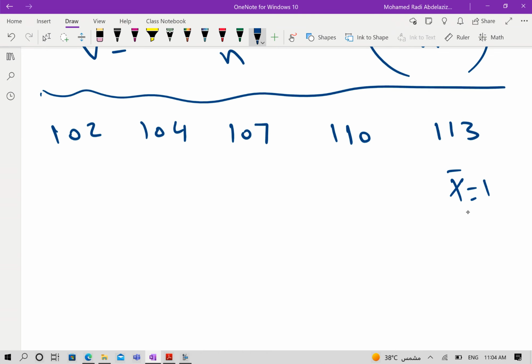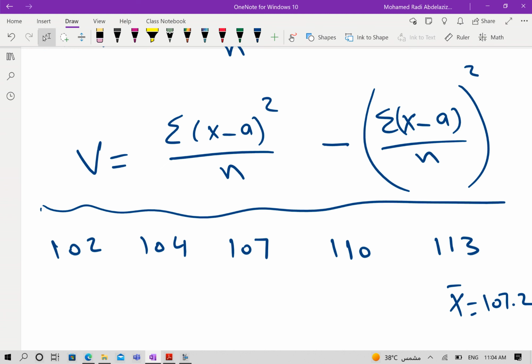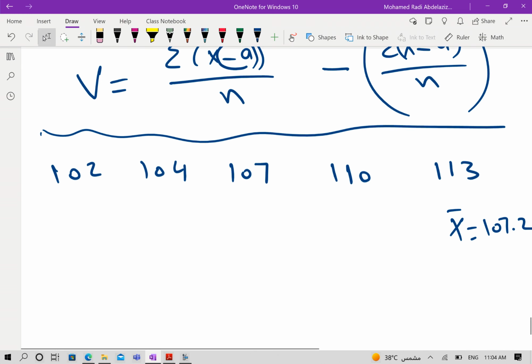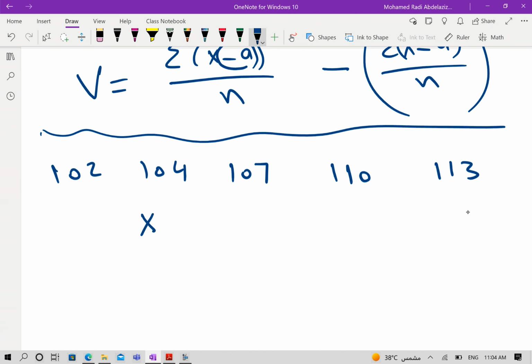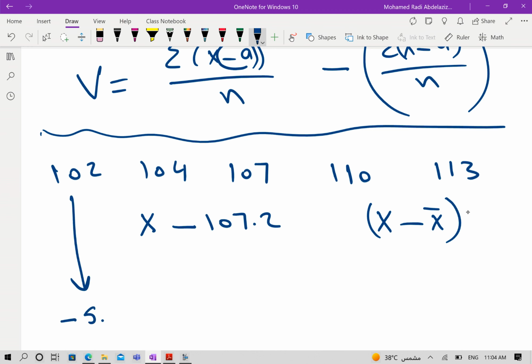See, the value of a, now I will take it as the exact value of mu. Subtract 107.2 exact. Please give me the values. Subtracting 107.2, now I will try to get x minus 107.2, that is x minus x bar. The first one will be negative 5.2.